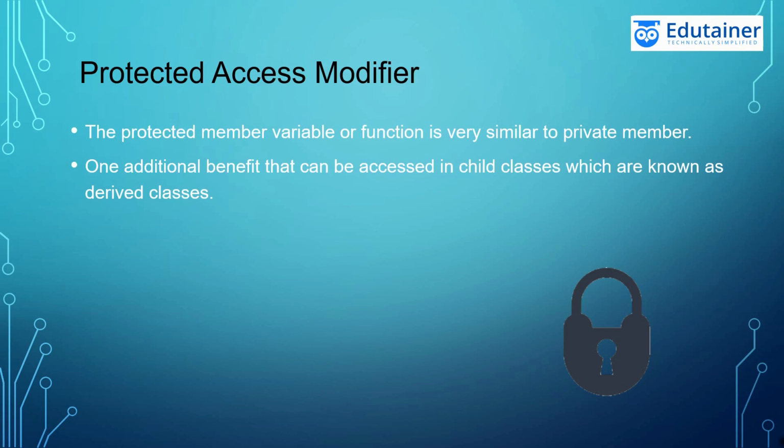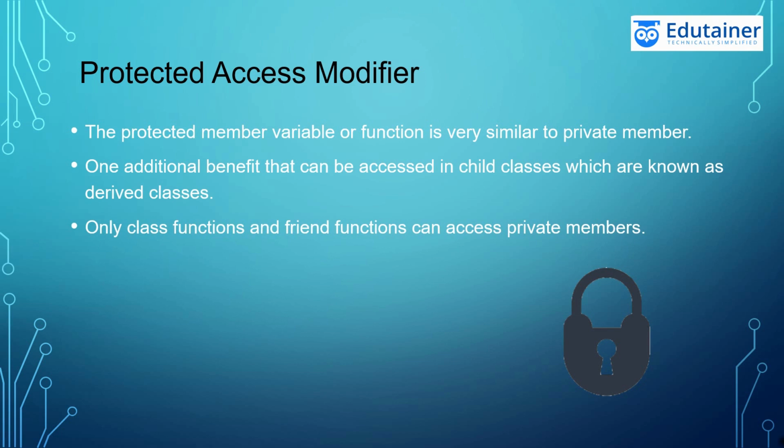One additional benefit is that it can be accessed in child classes, which are known as derived classes. So in protected, the derived class or the child class can directly access the member functions of their parent class. Only class functions and friend functions can access private members, as I told you previously. So let's move to Code::Blocks so that I can show you the implementation of a protected access modifier.